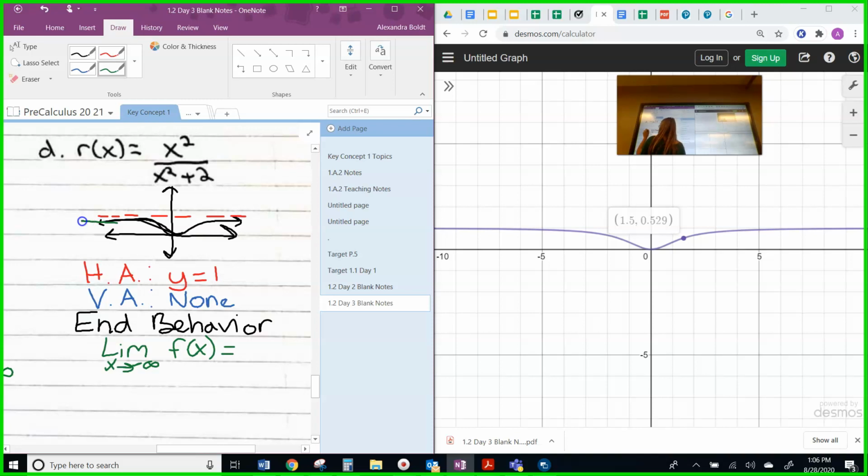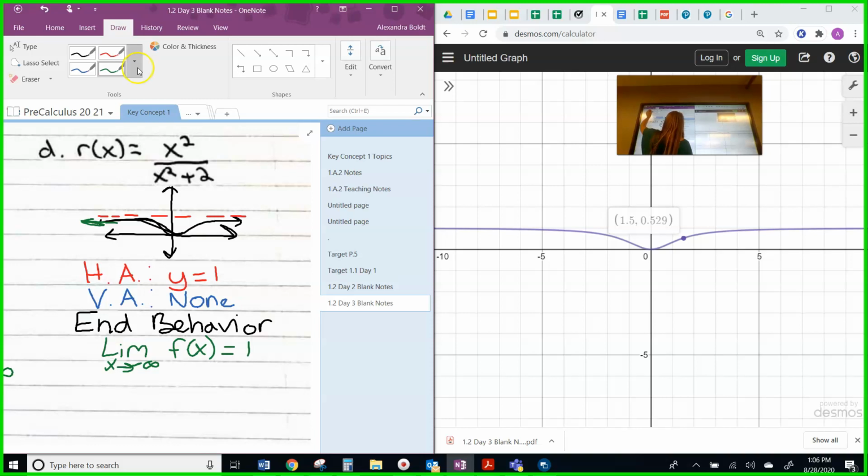What is this arrow going towards on my left side? Usually the ones we've seen so far have been going up forever or down forever. Well, this one can't go up forever. It's hitting the ceiling of 1. So that's where it's going towards. It's going towards 1. It's never going to reach it, but it's going towards it.